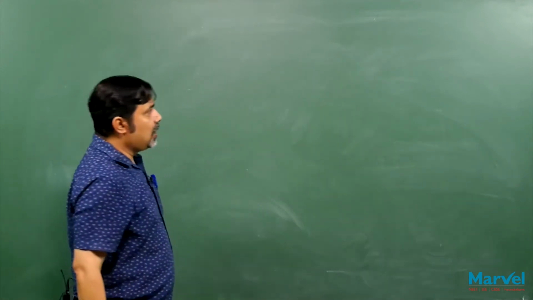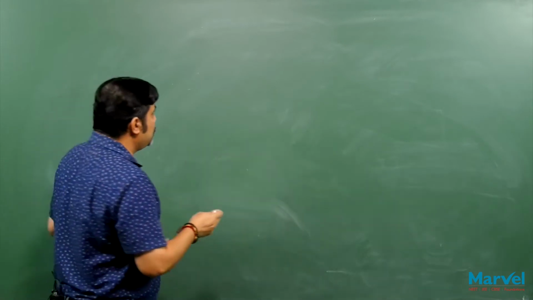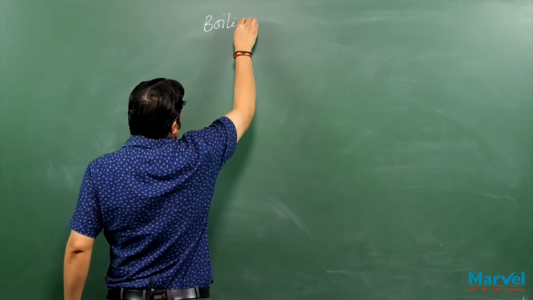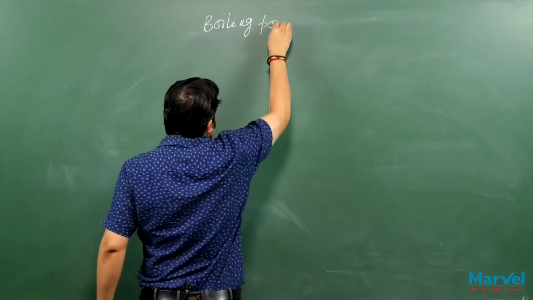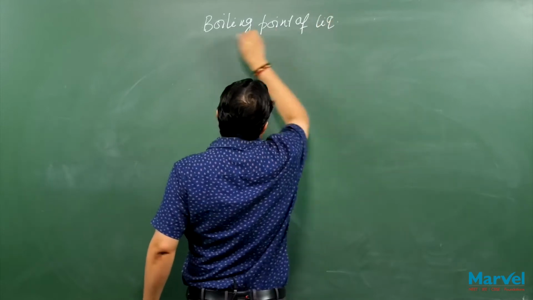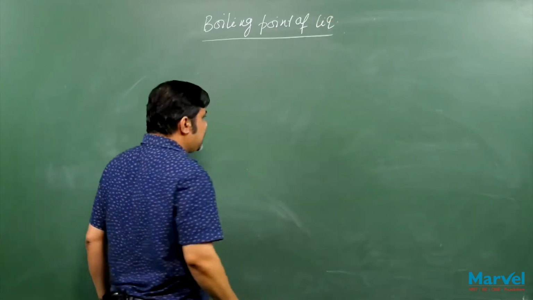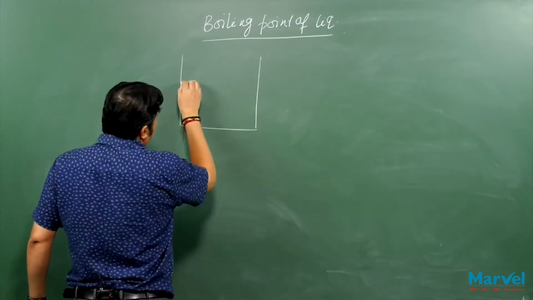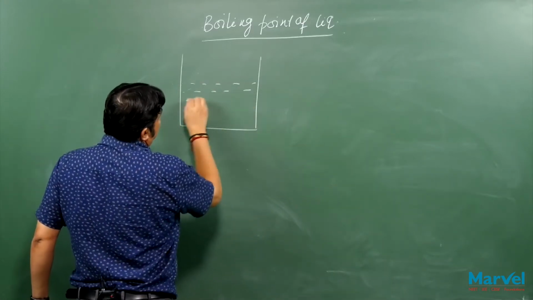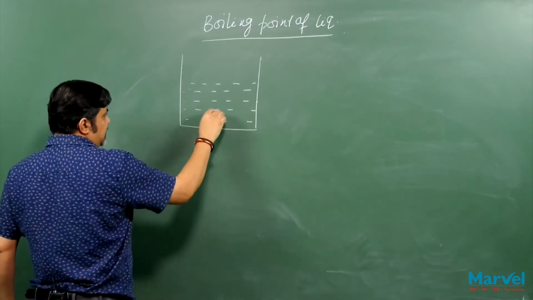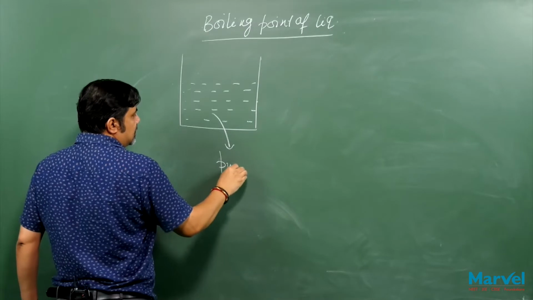First of all, what we need to know is the boiling point of a liquid. If you look, there is one liquid here. This is a liquid, and I am saying it is pure water.